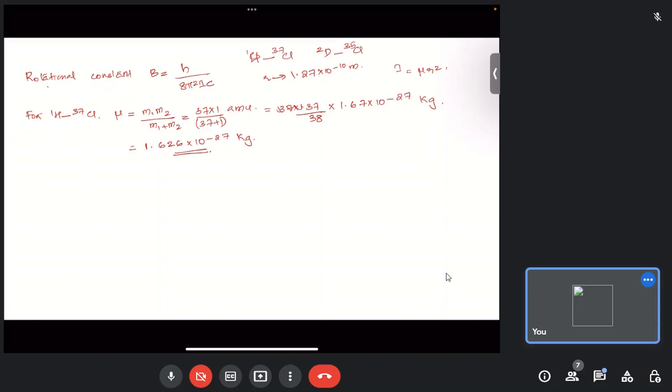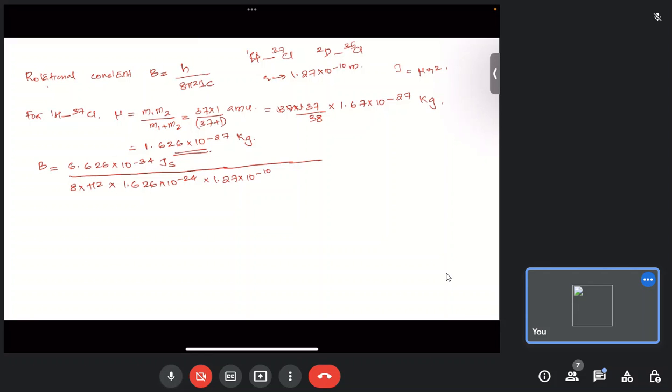Let's calculate how much is B. So B is going to be 6.626 into 10 to the power minus 34, this is in joule second, divided by 8 into pi square. Instead of I, we have mu. Mu is 1.626 into 10 to the power minus 27. R is 1.27 into 10 to the power minus 10.